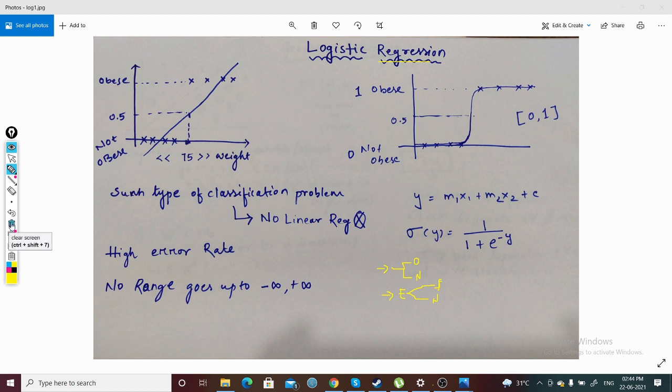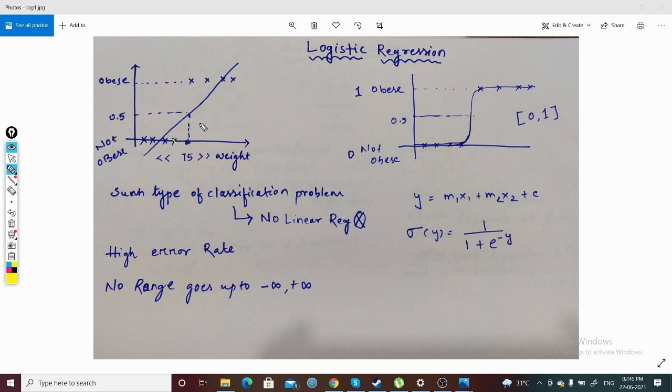I have taken one example: a few weights of several people, categorized as obese or not obese. Suppose I have taken weights below 75 as the person not being obese. The persons with more weight, like 76, 77, 78, I have considered as obese.